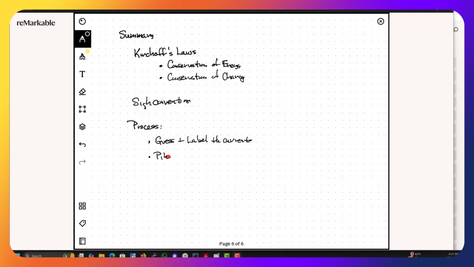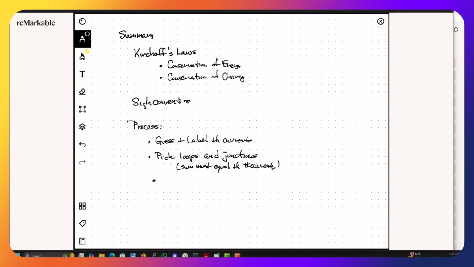pick loops and junctions, and the number of equations you get must equal the number of currents. And you need independent equations, which you have to think a little bit about, okay?